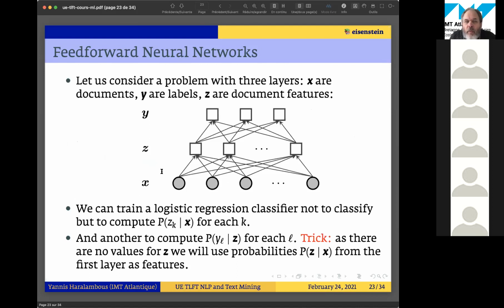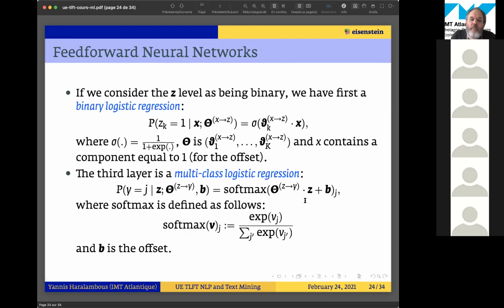So even though it's not logical, I take Z as the intermediate level. And mathematically, this neural network will be a first logistic regression, which to keep things simple I will consider as binary, between the intermediate level and the input level.